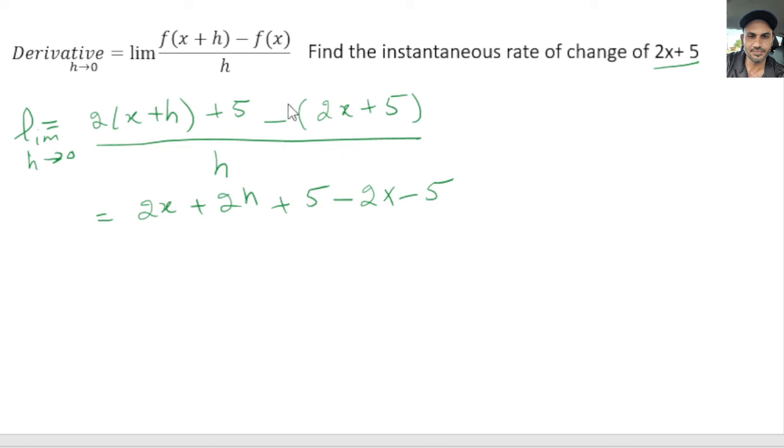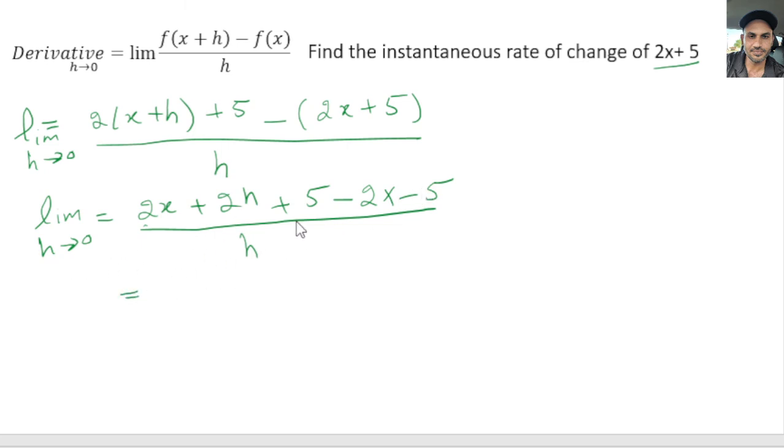So when you distribute a negative sign inside parentheses, you change the sign of each term inside. Then we divide by h, as the limit as h approaches 0.